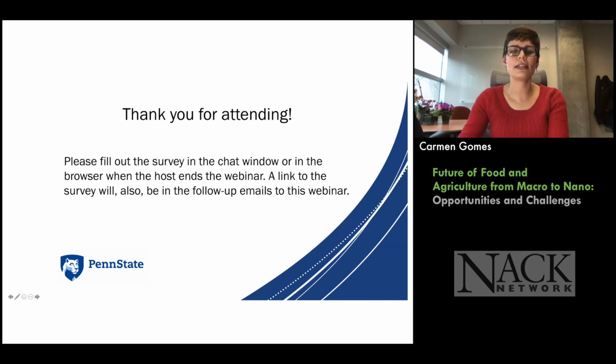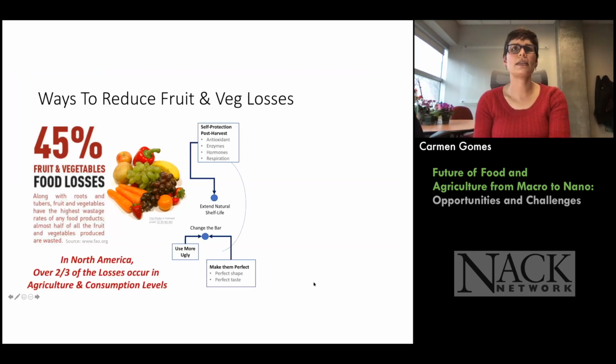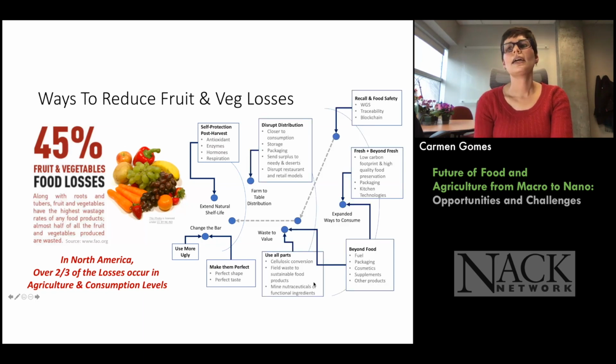Yes, so the examples I gave, maybe I can go back there. The examples that I gave on how to tackle food waste, it's being done at, so for example here, when I give the examples of use more of the ugly, make them perfect, there are nanotechnology aspects of it going on. Let me find one example in terms of using cellulosic conversion and making it into food packaging.